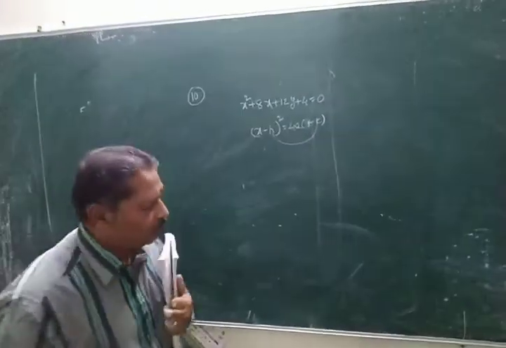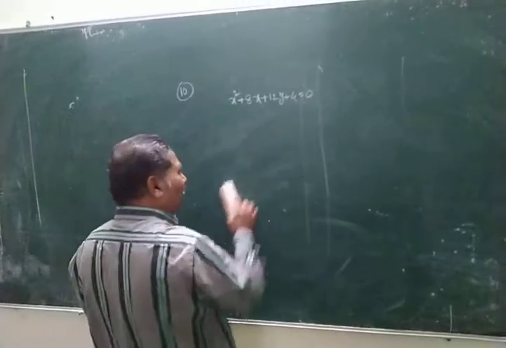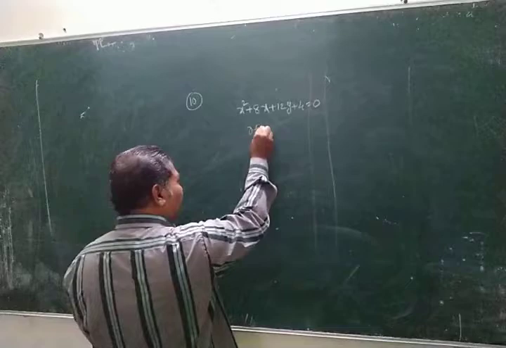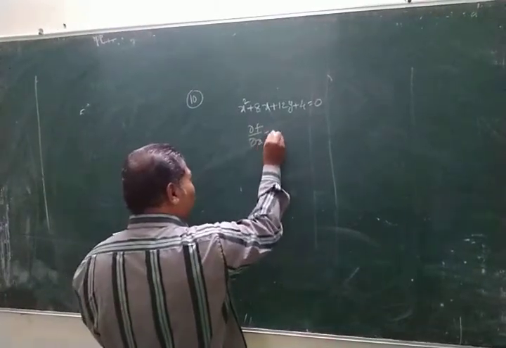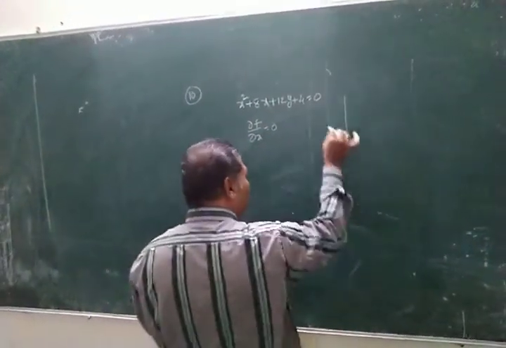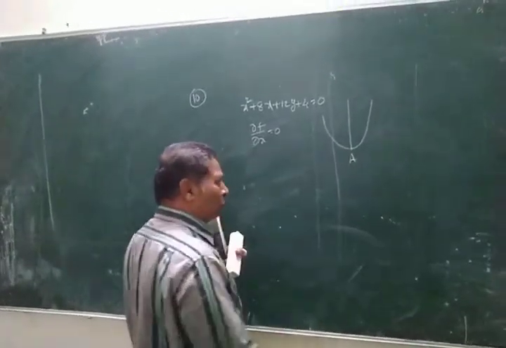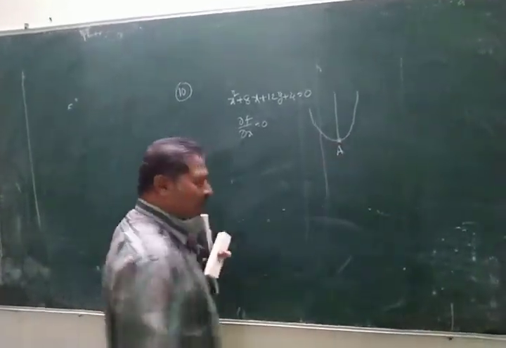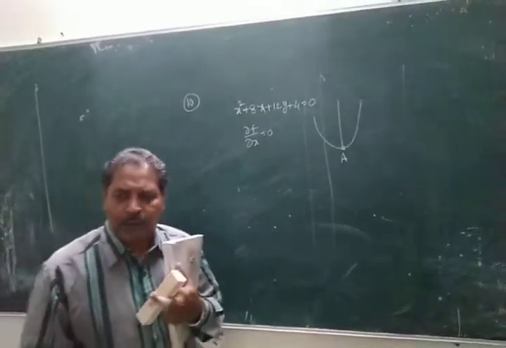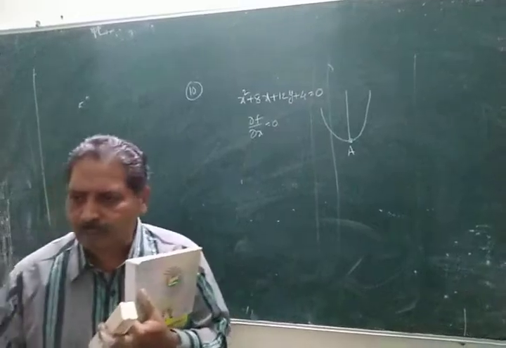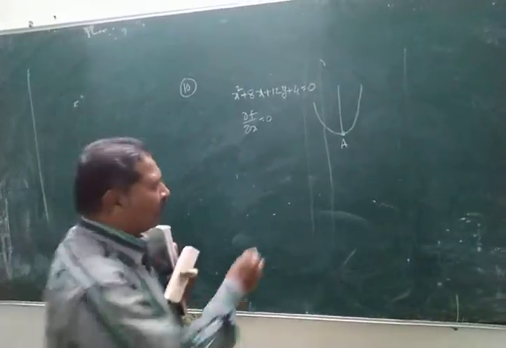Second method: this is an x square parabola. Calculate dou f by dou x equal to 0. We want the vertex. Dou f by dou x equal to 0 is the equation of this axis line.